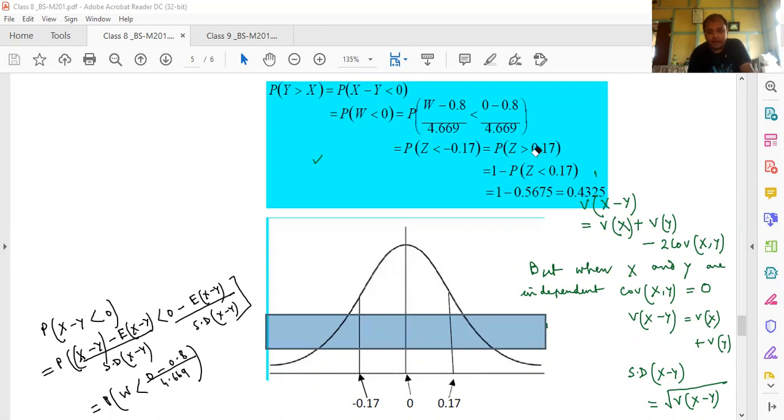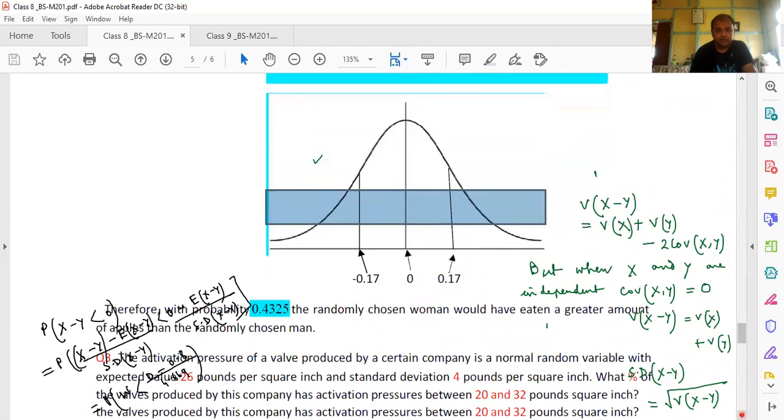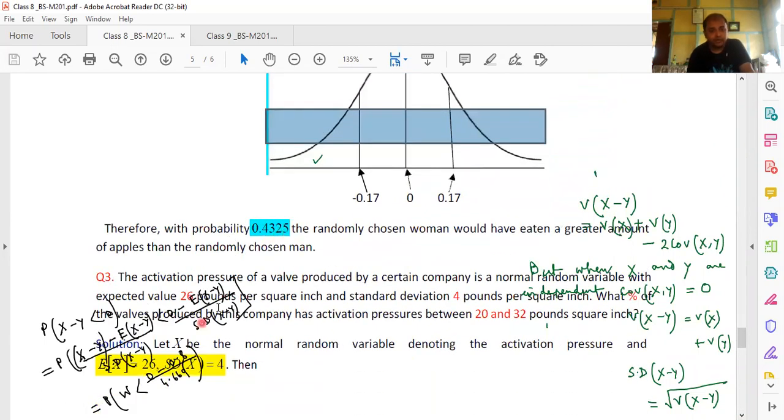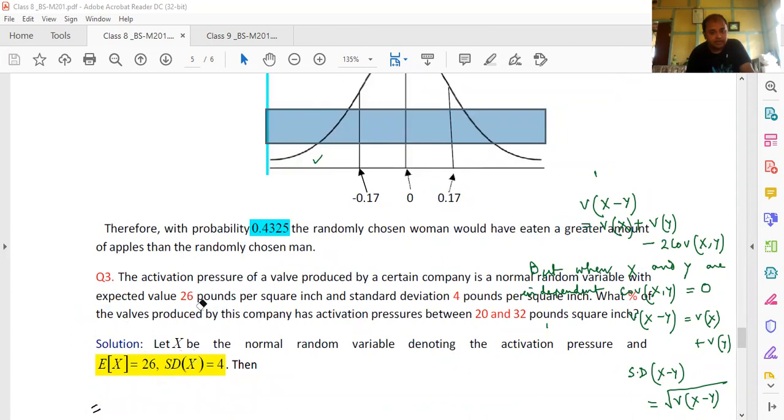Here I am interested in the point 0.17, so I have plotted the points on the left and on the right of it. After a little bit of mathematical calculation, we have found that the probability of the required region comes out to be 0.4325.